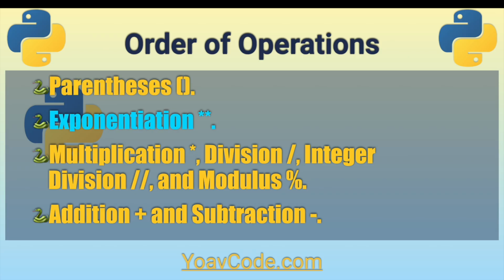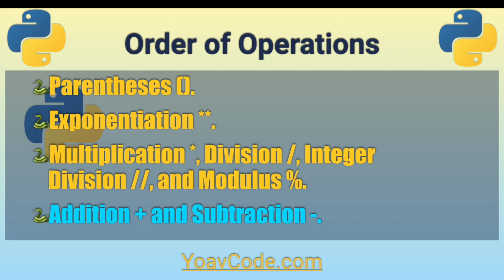Exponentiation. Next, Python performs powers. For example, 2 to the power of 3 is written as 2 ** 3. Multiplication, division, integer division, and modulus. These all come after exponents, and Python goes through them from left to right. So if you have both multiplication and division in the same expression, Python simply performs them in the order they appear.